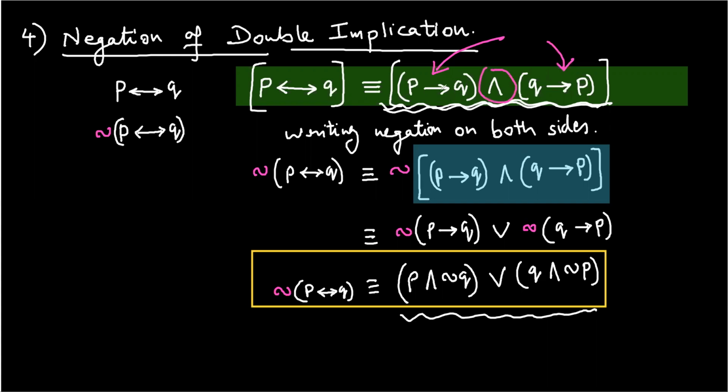So negation of this is P and not Q, Q and not P, and this will be OR. So here you have the negation of double implication. I hope you all must have followed this. You can watch this once again, several times, and get the expertise.